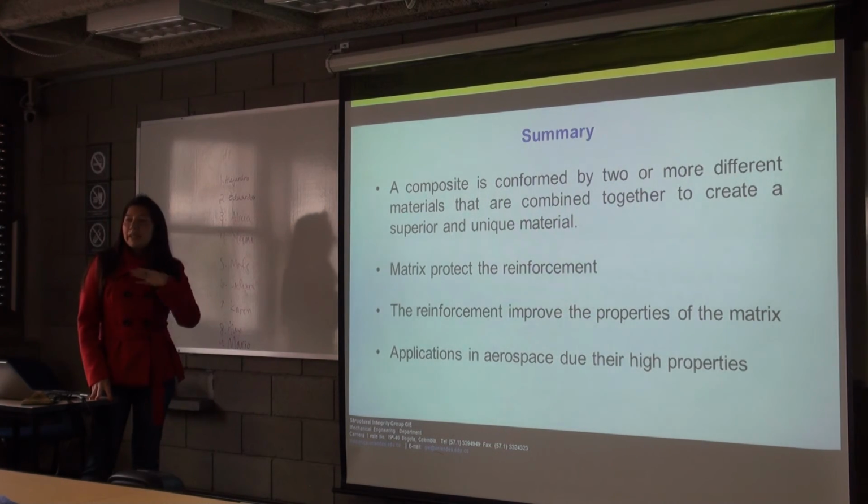For that, in my case, I want to develop new composite materials using eco-friendly materials. For example, biodegradable polymers like polylactic acid and natural fibers like bamboo, because in our country we have a lot of kinds of natural fibers that we can use for these kinds of material. Thank you very much.